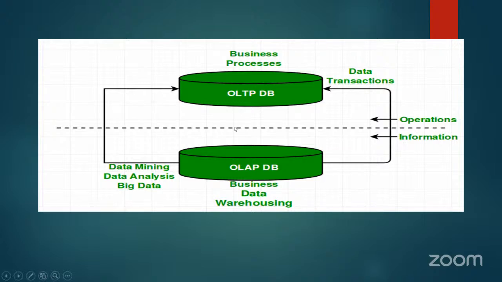See here, OLTP DB and OLAP DB. Both are used for business purposes only. But OLTP is the database where we get immediate changes reflected. If you want to get the statement, that would be OLAP.